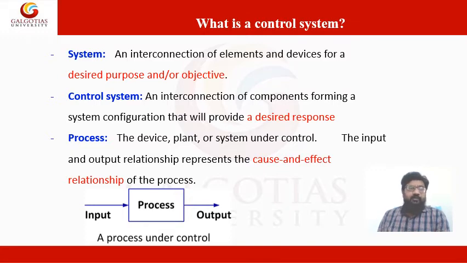So we can control our input, we can amplify our input, and we can get the desired output. In control systems, basically we study how the input behaves when it passes through a system and how we can control the input so that we can get our desired response.